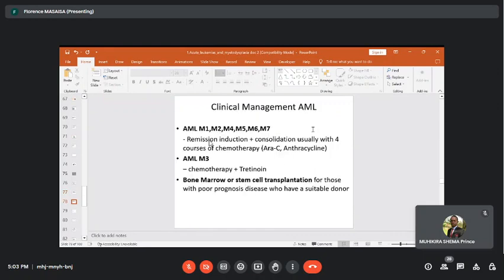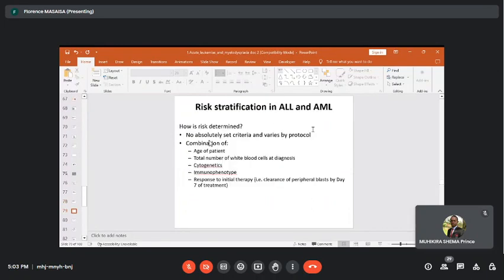So M1 to M7 except M3 need remission induction and consolidation. M3 gets all-trans retinoic acid. Bone marrow transplantation is given for failure of chemotherapy or for patients with poor prognosis.